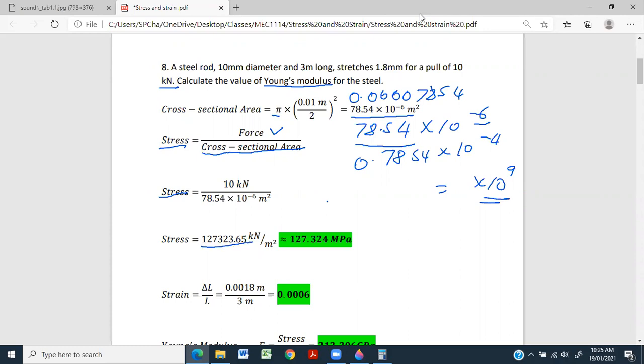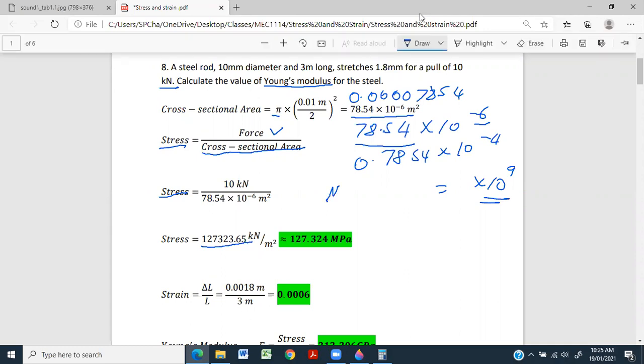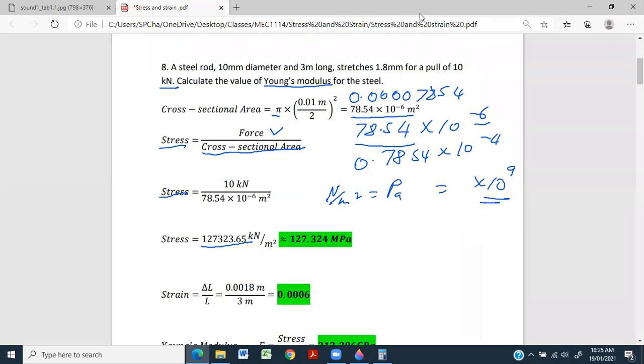So we know 1 Newton per meter squared is equal to a Pascal. So kilonewtons per meter squared is obviously kilopascals.